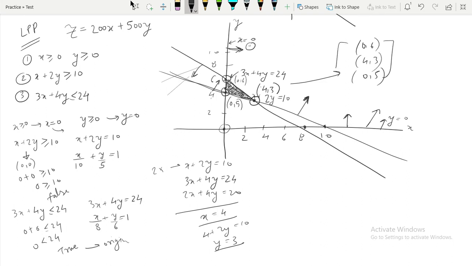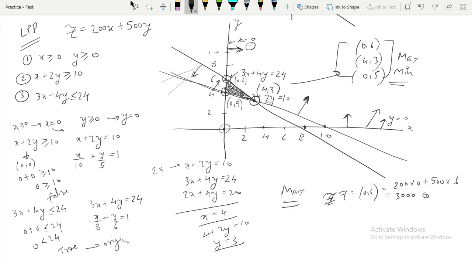So these points are either the maximum or the minimum, whatever it is. If we have to find the max value of z, then we can check at these points. First taking 0 comma 6, it would be 200 into 0 plus 500 into 6, so this would be 3000.